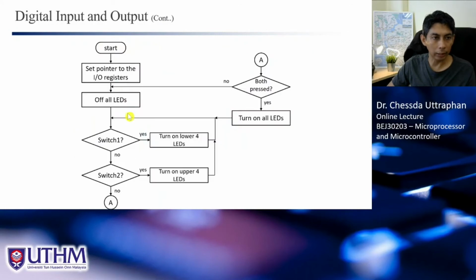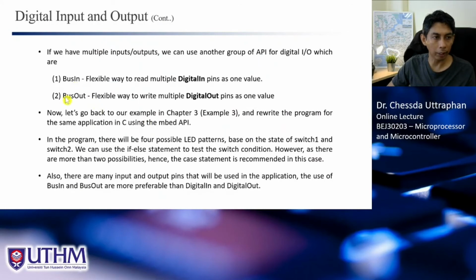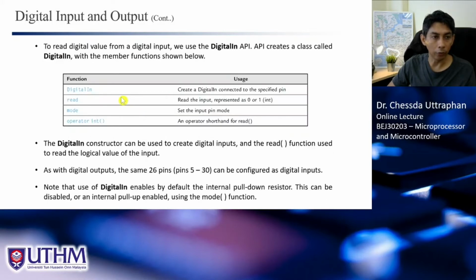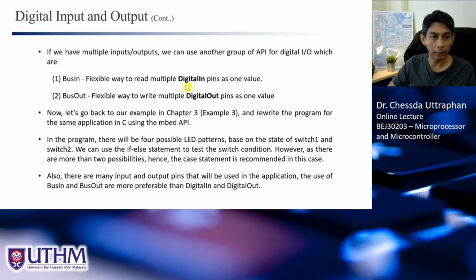So we can use BusIn and BusOut. BusIn and BusOut are very good, where we can group the digital inputs in one group, instead of using DigitalIn. If you use DigitalIn, it can be done also, but you need to configure one by one, DigitalIn P5, DigitalIn P6, for example.